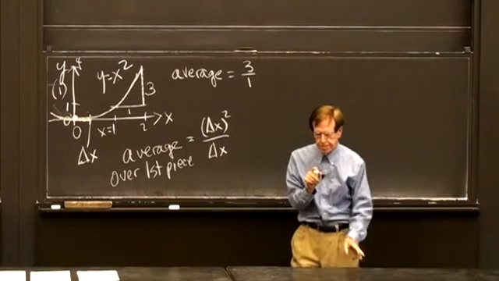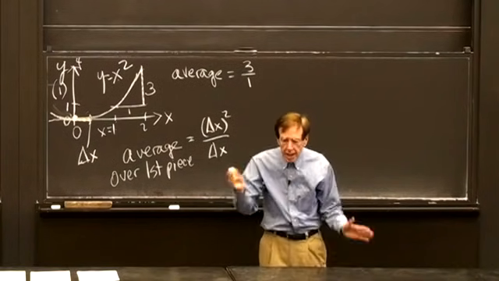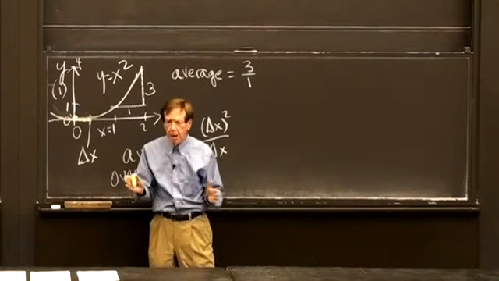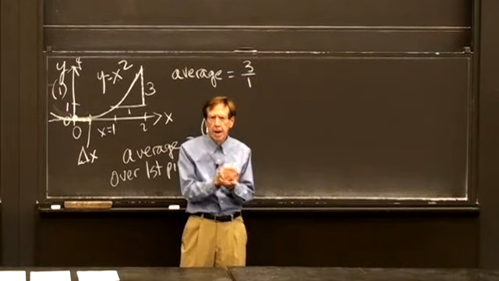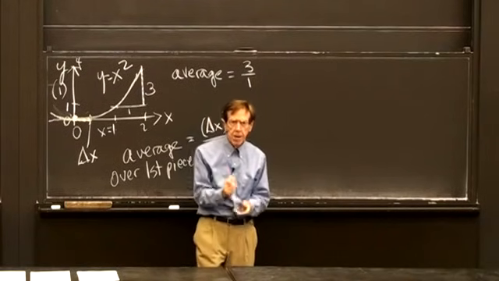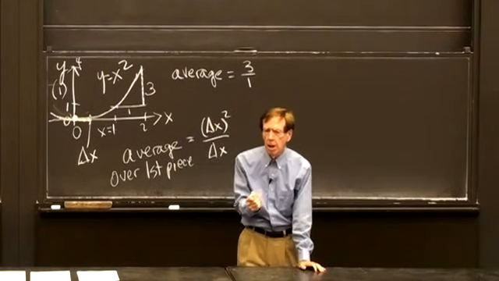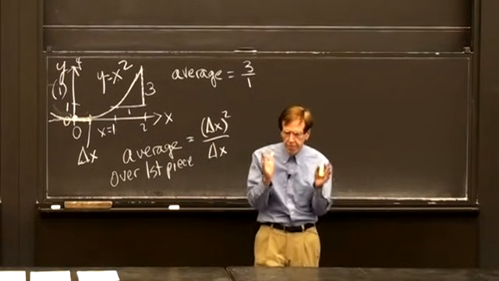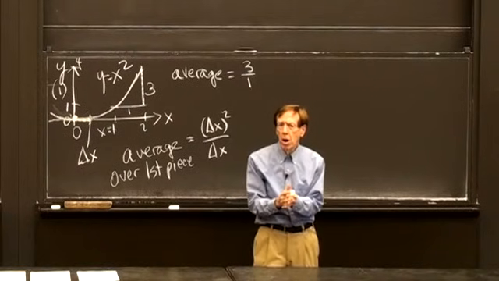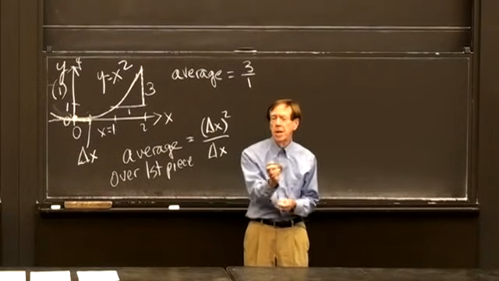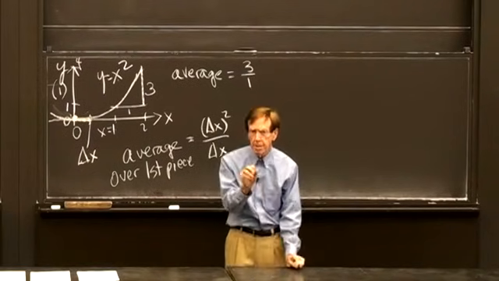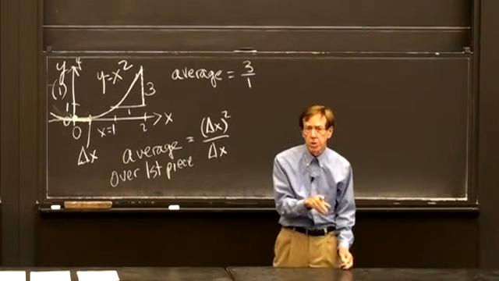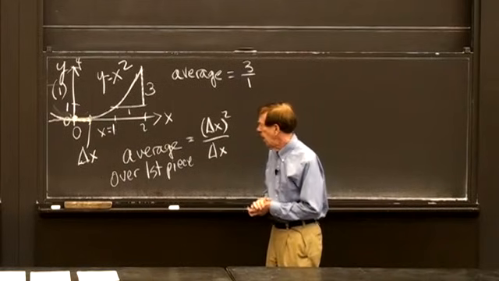Now, again, that's still only an average because delta x might have been short. I want to push it to 0. That's where calculus comes in. Taking the limit of shorter and shorter pieces in order to zoom in on that instant, that moment, that spot where we're looking at the slope and where we're expecting the answer 0 in this case.